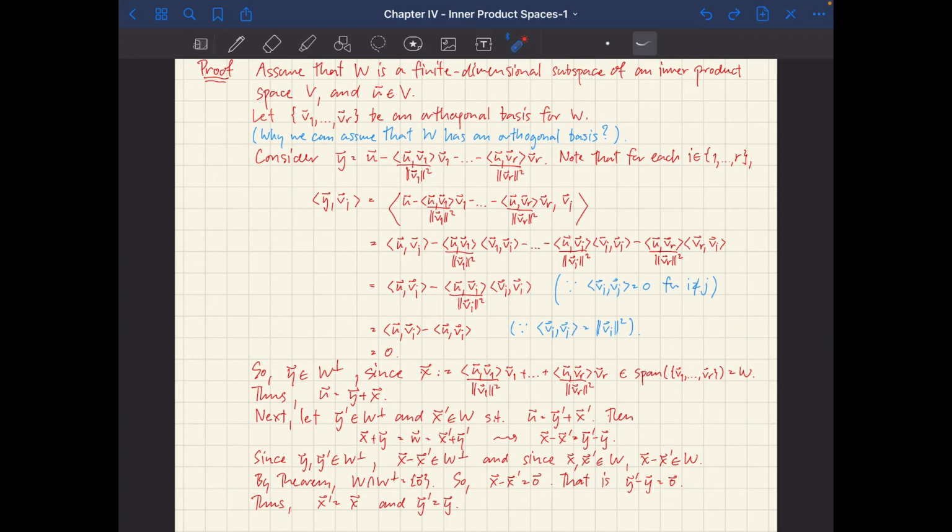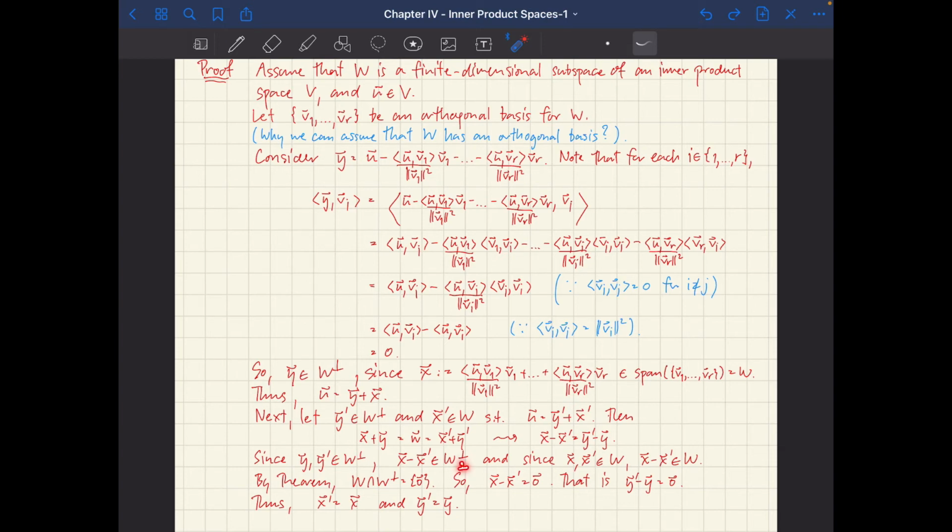Okay, so this equation, what does it mean? It means that if you focus on the right hand side, we know that y and y prime are elements in W perp, and we know that W perp is a subspace of the vector space V. Then x minus x prime is an element in W perp.